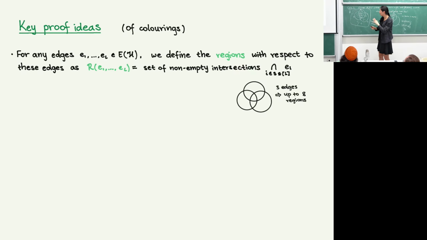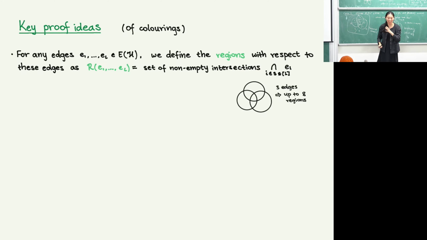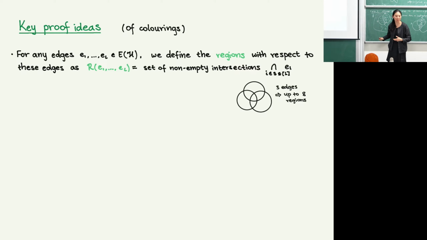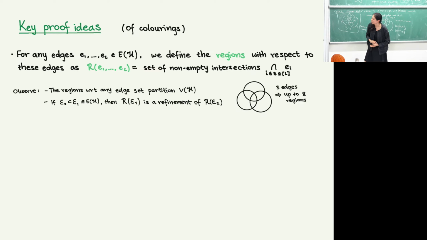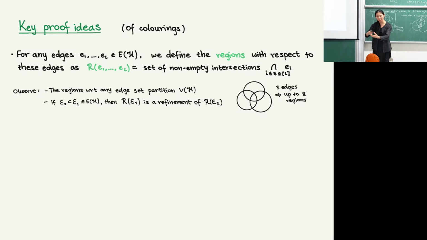If you look at a Venn diagram, except we can only do that with 3 edges, it's literally the regions that you see, all the possible intersections that you can get. So if you have 3 edges, you can have up to 8 regions, because maybe some of them are empty. That's fine. And a useful thing is that if you have any set of edges and look at regions, that actually partitions your vertex set of the hypergraph entirely.